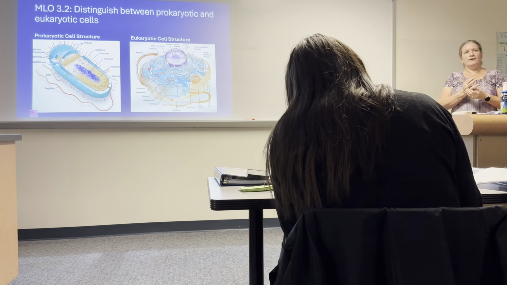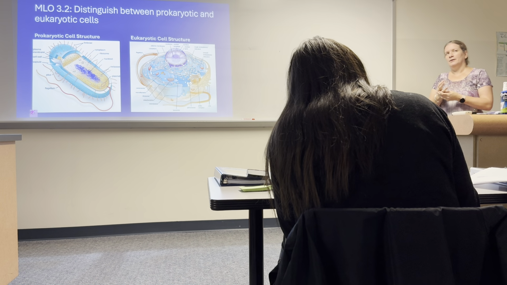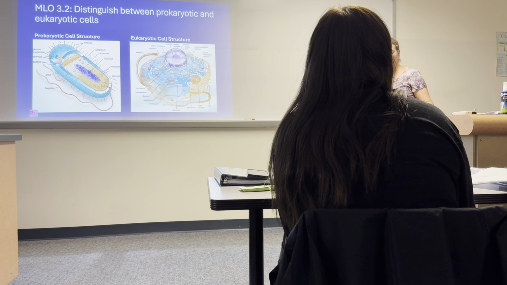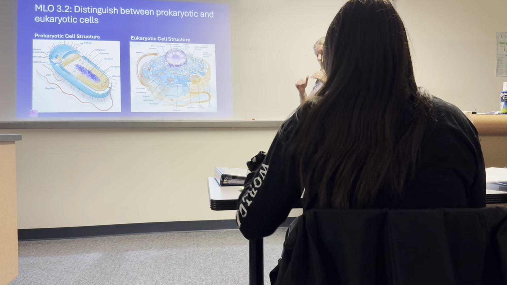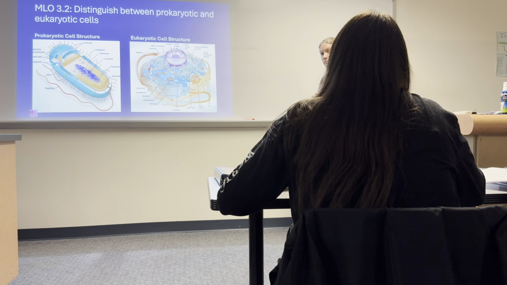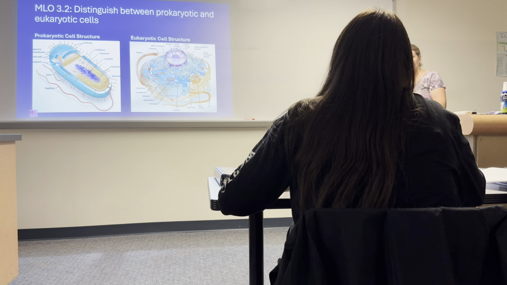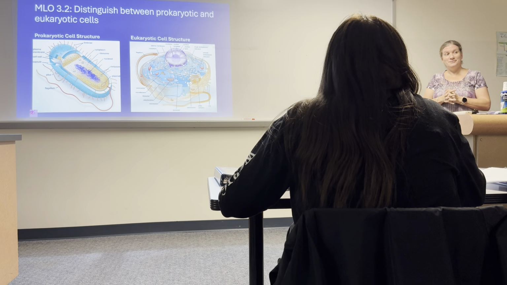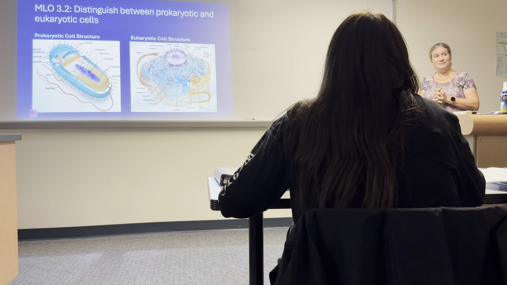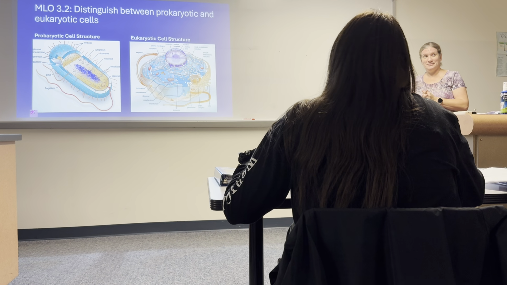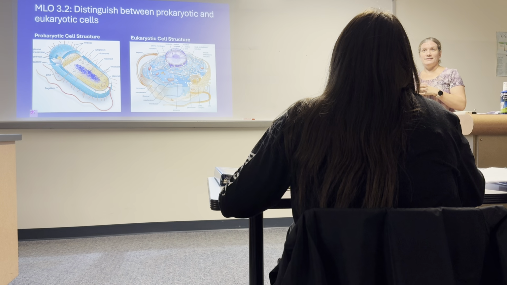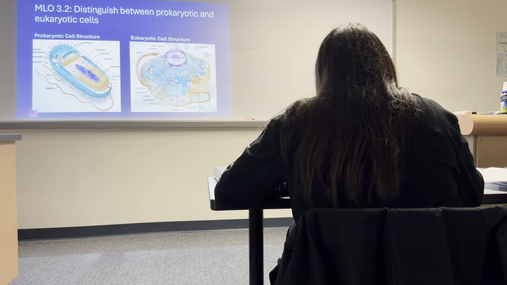Just as a quick side note, because I think you guys know this answer, ATP, what class of macromolecule does it fall under? I think it's the first one, nucleic acids. It is actually a monomer.